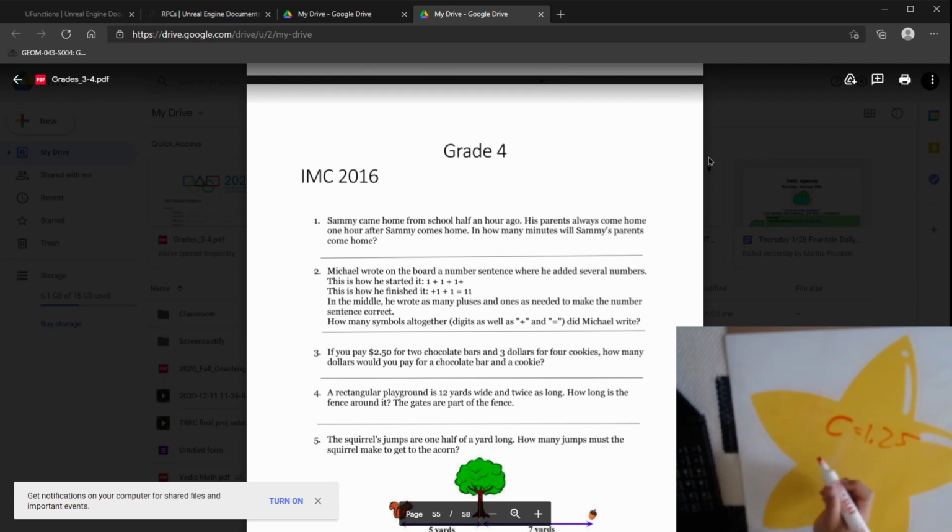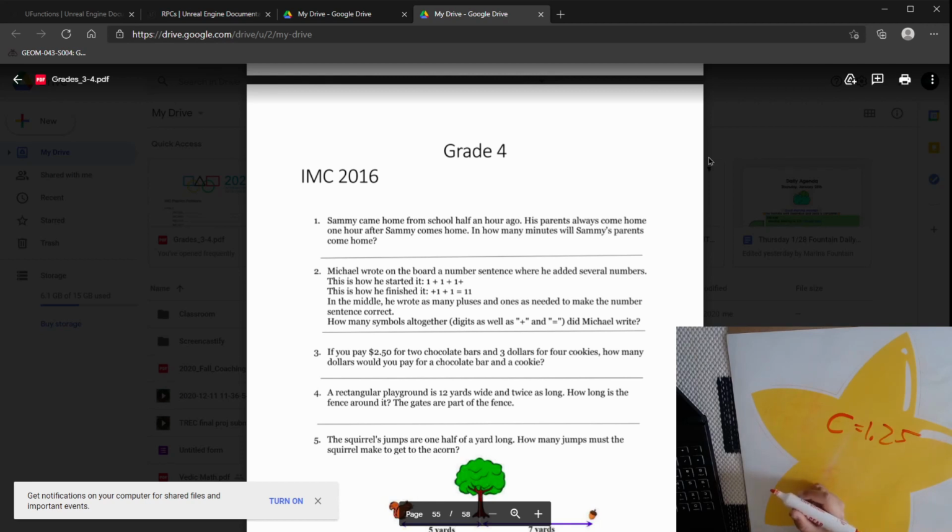$1.25. And then we have 4 cookies. So we would do 3 divided by 4. And then this is 0.75. So 0.75 is 1 cookie. I mean, not a cookie.